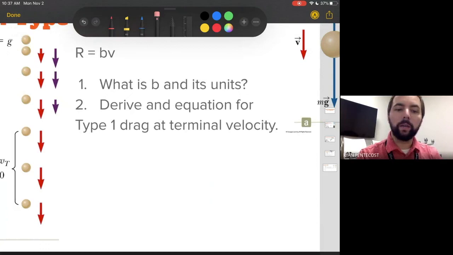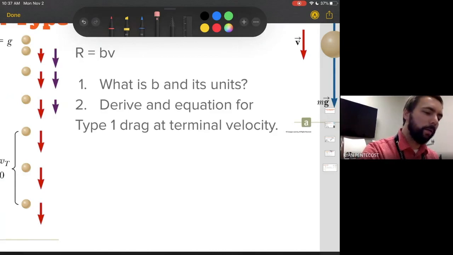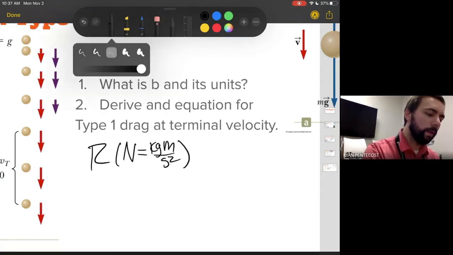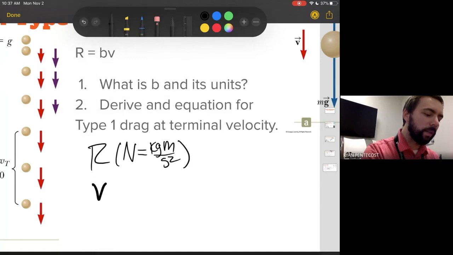What is b and what are its units? So b is this kind of messy combination of area, drag coefficient, and density. If we look at what it actually means, resistance has the units of newtons, which is a kilogram meter per second squared, right? And then velocity has the units of meters per second.